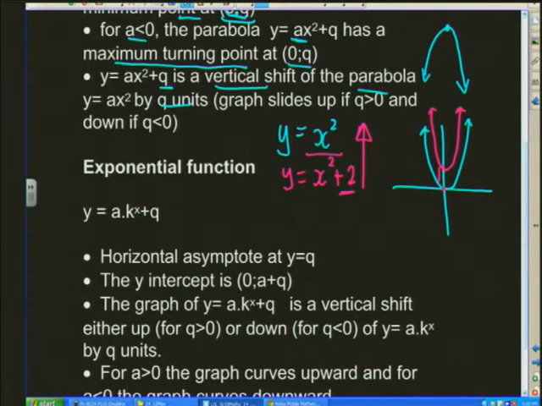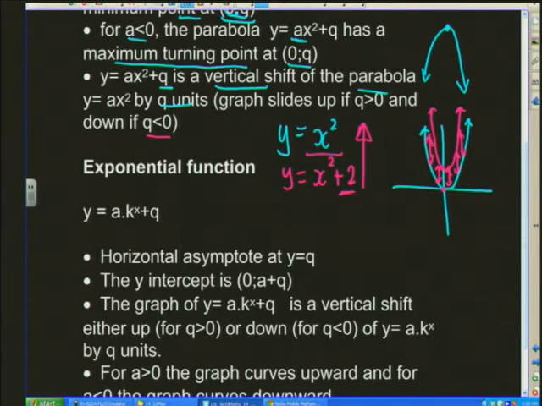So the distance between the original graph and the new graph is going to maintain a distance of 2 units all along there. So whatever the value of q is what the distance between your original graph and the new graph will be.